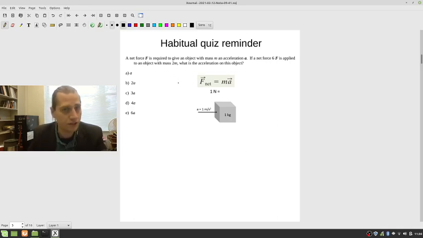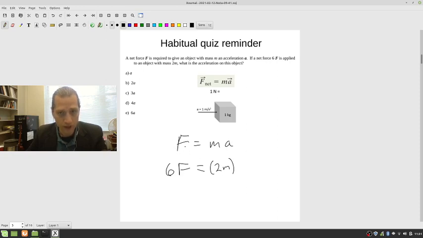In fact, there is this problem on the quiz, except instead of F, M, and A, I have put numbers in there. And it says a net force of F is required to give a mass M an acceleration A. F equals M times A. Okay, so that's true in this case. If a net force of 6F is applied to an object with a mass of 2m, what is the acceleration on this object?